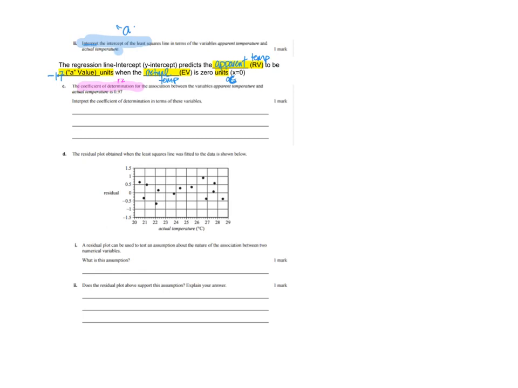So 97% of the variation in the apparent temperature can be explained by the variation in actual temp.